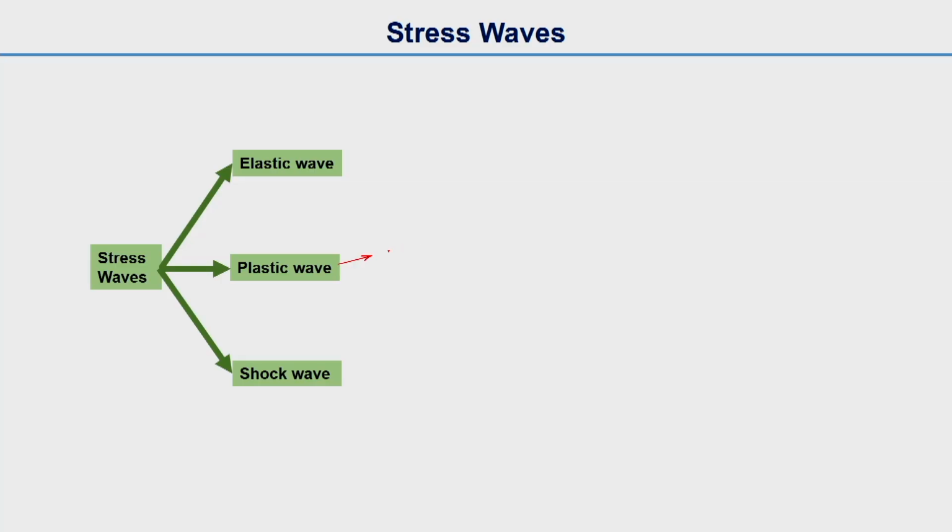So for the stress waves, the elastic waves are associated with elastic deformation. Then when the amplitude of the stress wave exceeds the elastic limit for a ductile material, plastic waves are generated.